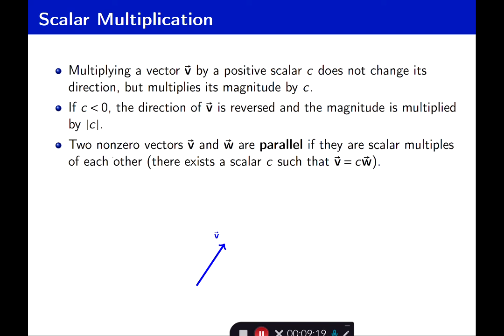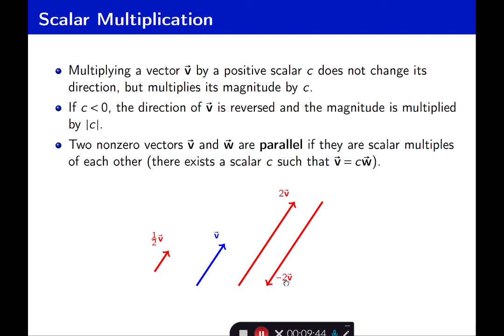That means there exists a scalar c such that v is equal to c times w, or vice versa. For example, this is v, and 2 times v has twice the magnitude and is parallel. Half of v has half the magnitude and is parallel.